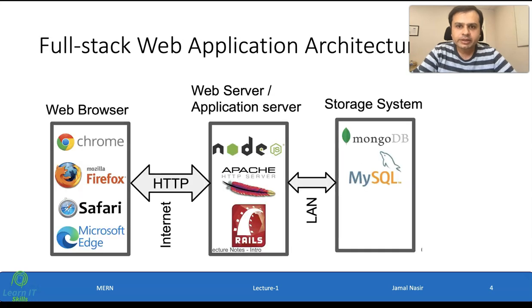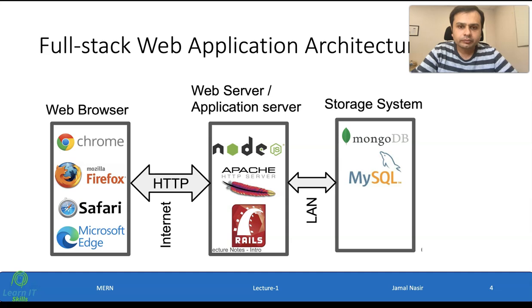So what is full stack web application architecture? So we have a web browser, right, where the user would be interacting with your web application. That web browser would communicate over the internet by using HTTP to some web server, right? In our case, it would be a Node.js web server, okay?